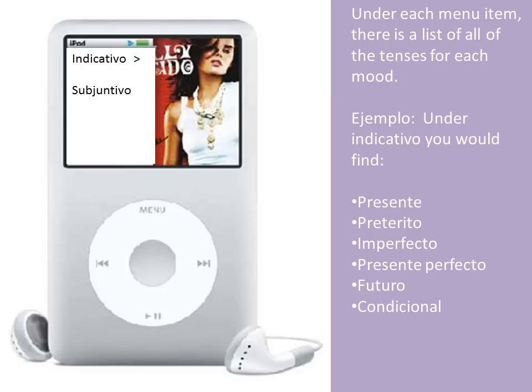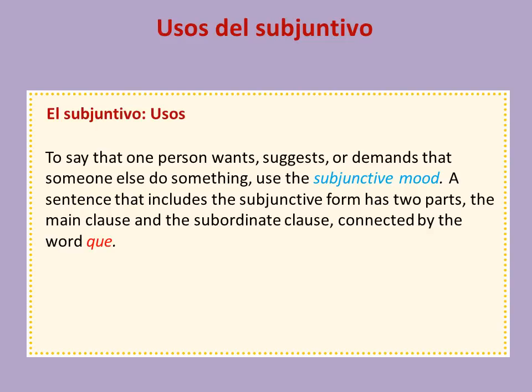There's all those different tenses under the indicative. However, if you were to open up that subjuntivo button, you would see that they have their own tenses as well. Right now we're focusing on the present subjunctive, but there's also a past subjunctive. There's also a present perfect subjunctive. So there's other tenses within the subjunctive mood. But again, right now let's just focus on the present.